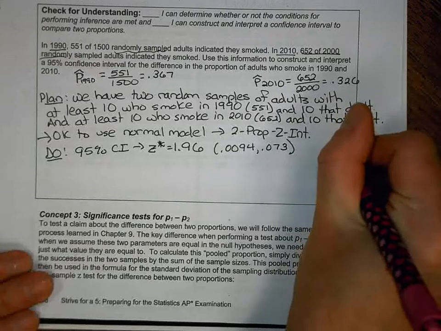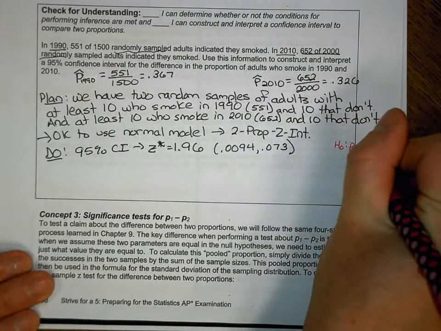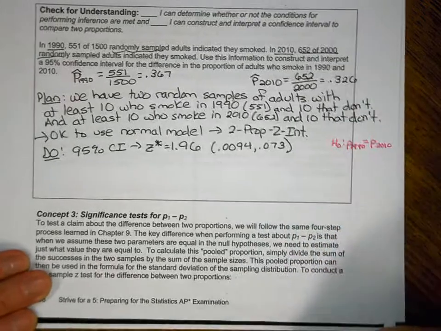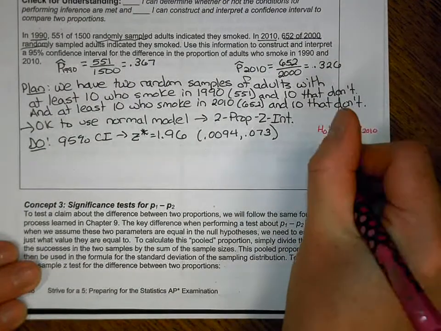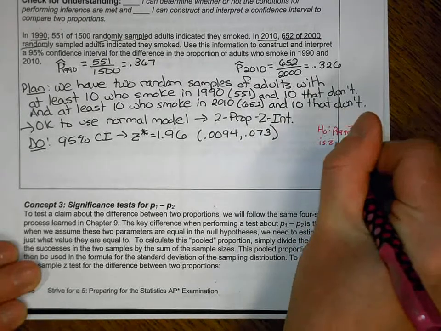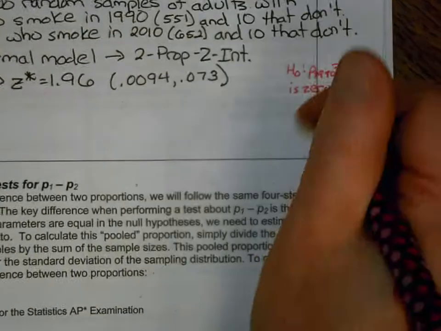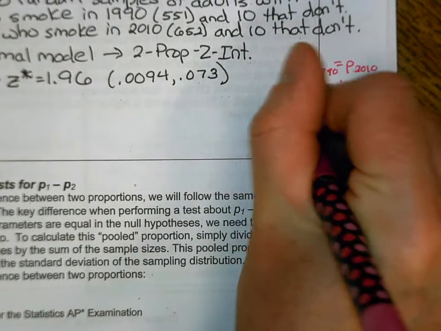Since we're finding differences, if we had done a test of significance for this, our null would have been that H0 was P 1990 equals the proportion of 2010. So the question is, if they're equaling each other, is 0 in the interval? So is 0 in the confidence interval?